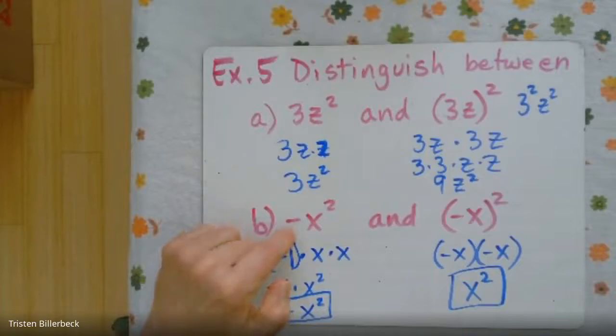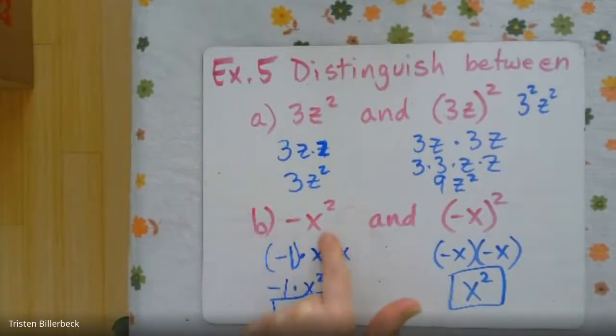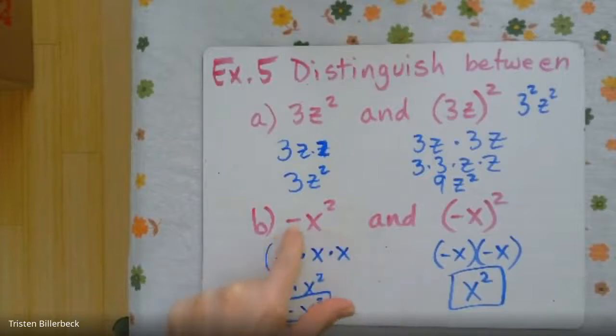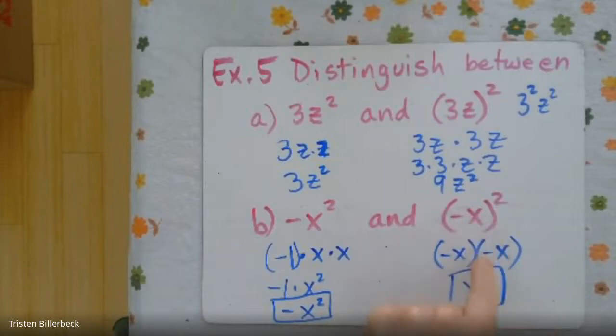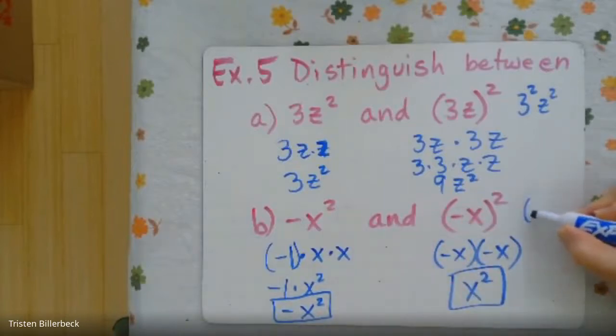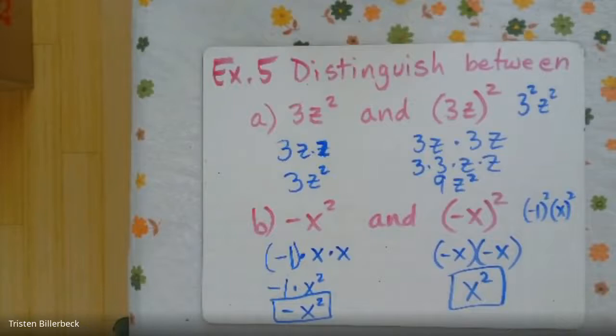So when this is not in parentheses and there's a square on the letter, that does not mean this negative is getting squared. When it is in parentheses, that negative is getting squared. So this is the same thing as negative 1 squared x squared. Okay, so that negative goes away.